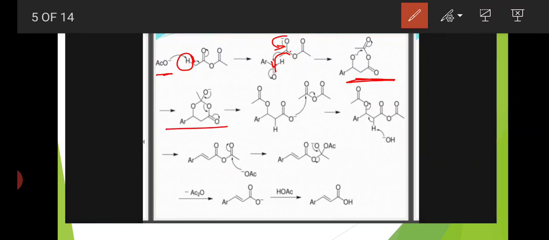Again this intermediate compound shifts its pi bonds and forms like this. Okay, and oxygen gets a negative charge.